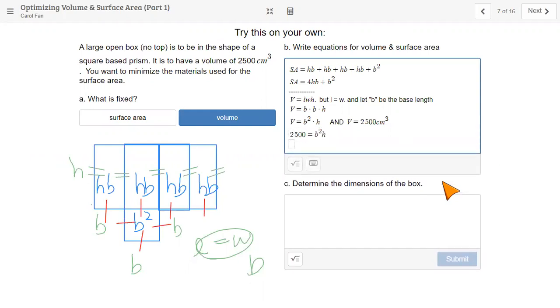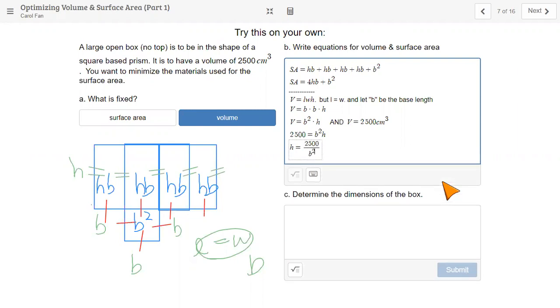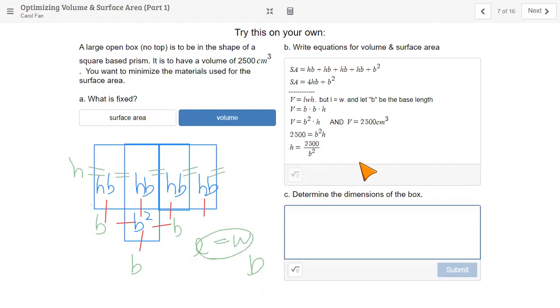And I'm going to rewrite it again so that I can express it with only one variable. So I have H is equal to 2,500 over B squared. Now that I have this, that's the constraint that I have to work with.